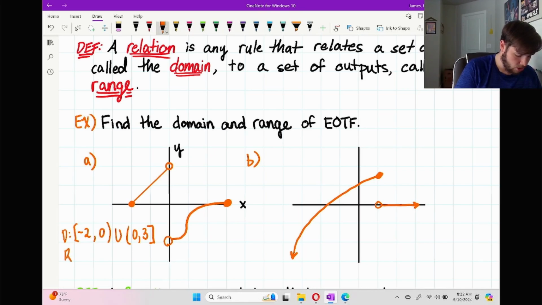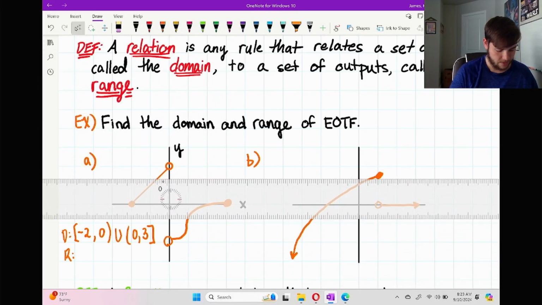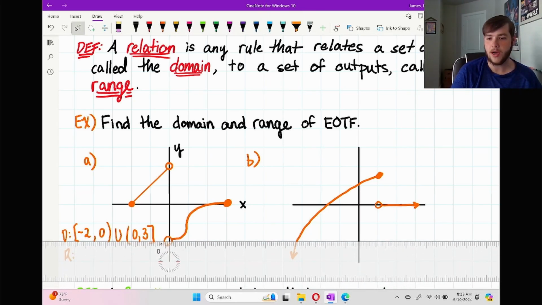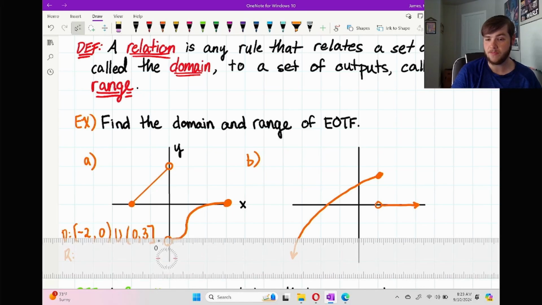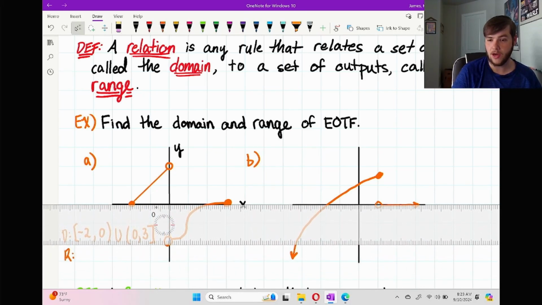The range is the same idea, but it's the y values. So I look at a horizontal line. Here, starting at -2, I'm almost hitting the function, except that point's not included. It's going to be just past there. And moving up, I notice at 0, I am still on the picture of the relation.